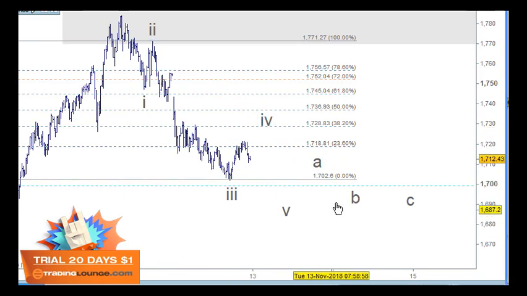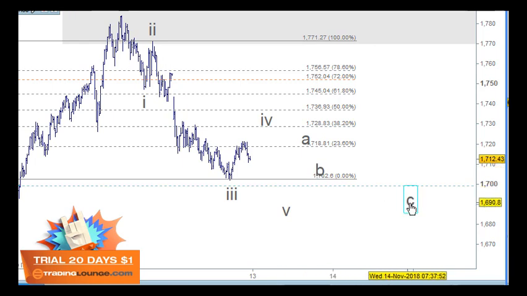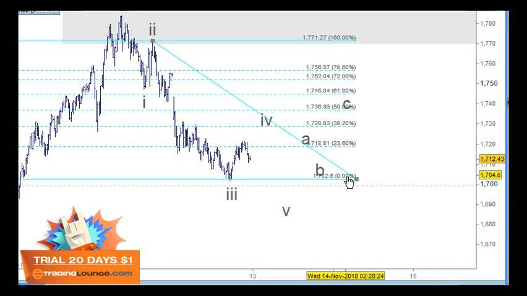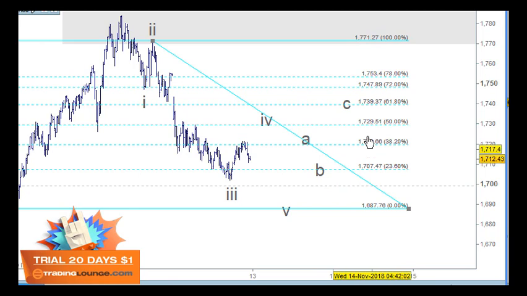Wave A would probably come back up to the first top here where that consolidation is. Wave B would pull back, and then wave C can go up to here. So that's where we could go. Wave 4, 5, A, B, C, back up into this space here. But you can obviously adjust that once we've got that low in play here.